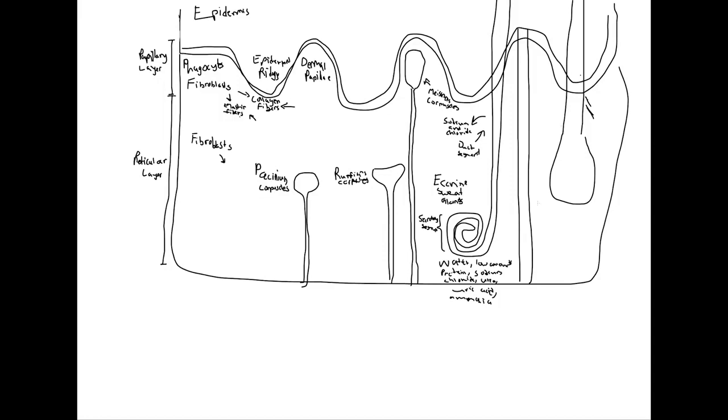And the things that they secrete are proteins, carbohydrates, ammonia, lipids, other organic compounds, and pheromones.